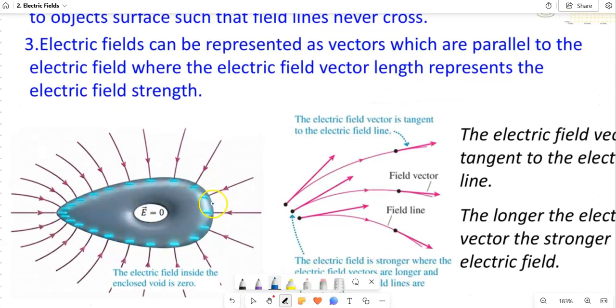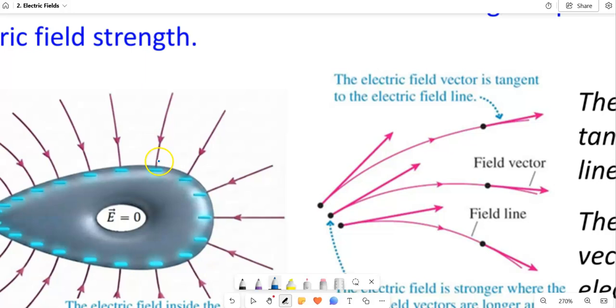So if I zoom in on this rounded part, I'm going to go ahead and draw a black tangent line to the surface at that point, okay? So it's that tangent to the surface.